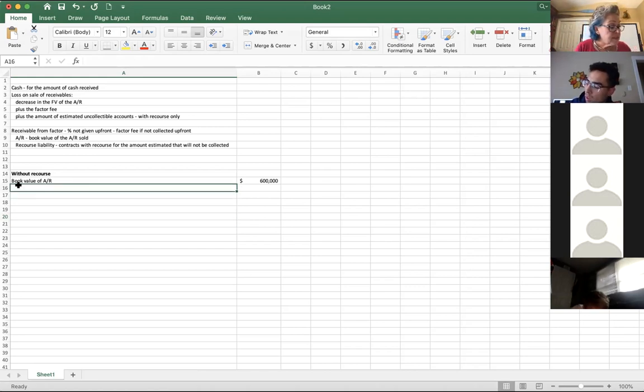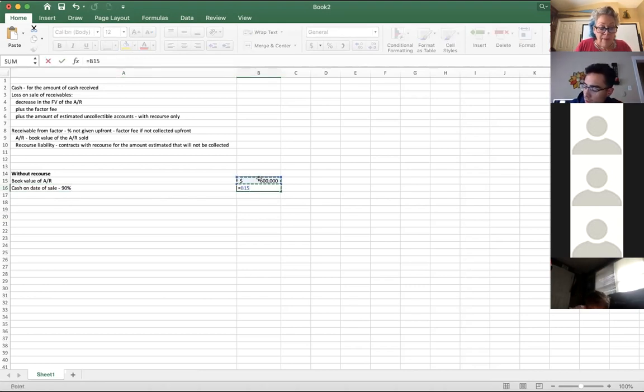And they tell us that they are going to immediately give me cash. So cash on date of sale is 90%. My amount of cash received is going to be the book value times 90%, which is $540,000.